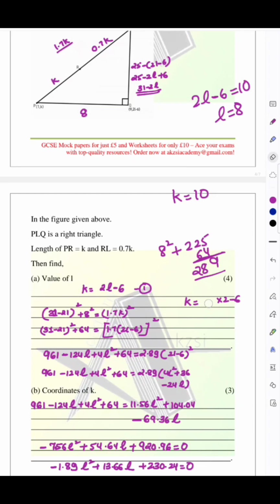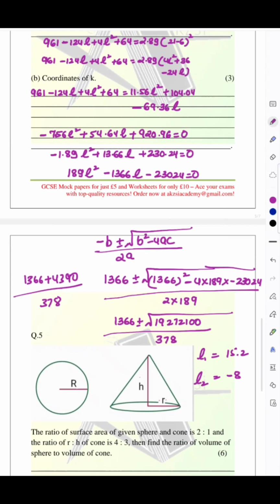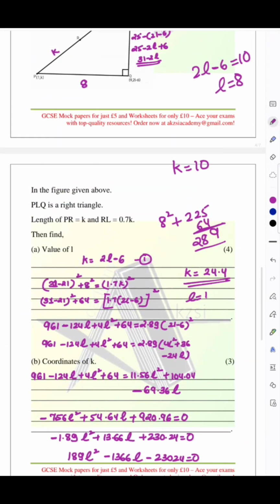Then the only value that we can use is 15.2, because the length can never be negative. So 15.2 we have calculated. So 2 times 15.2 minus 6 will give me 24.4, and that's the value of k. And L that we are going to select is 15.2.